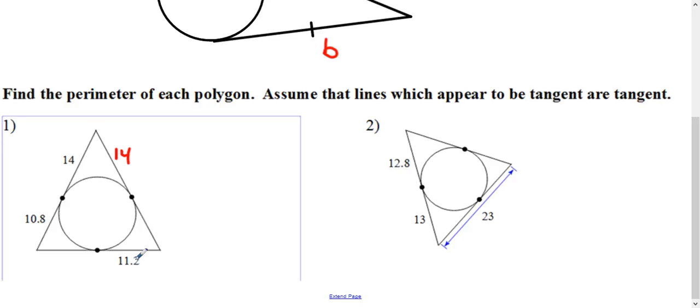Since this side is 11.2, so is the other tangent segment, 11.2. And the 10.8, this will also be 10.8. So the question says to find the perimeter. So you add all of those up and you get the perimeter is 72. You add up all 6 of those numbers.